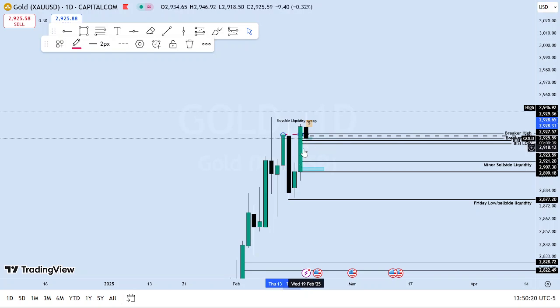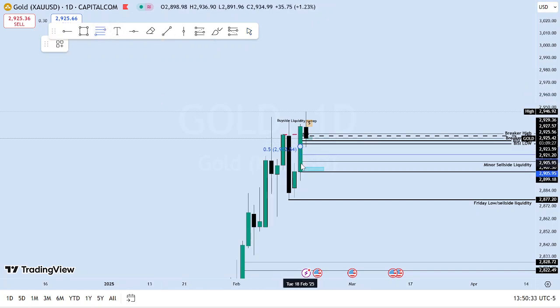And once price creates a fair value gap, the fair value gap becomes a high probability. At the 50% of it, that's the consequent encroachment. At the consequent encroachment, that is where you are anticipating price to reach for. Then, if you can have patience, maybe reach out to the order block.